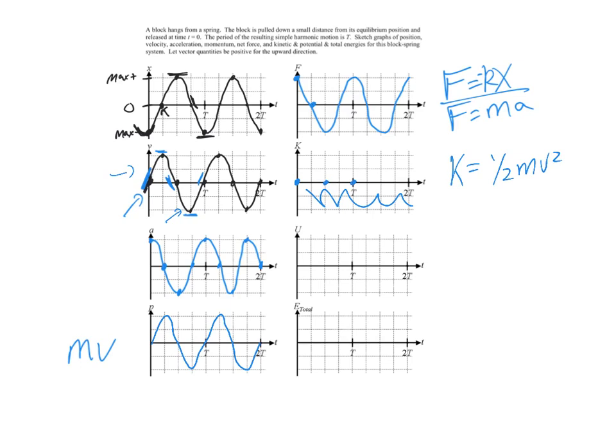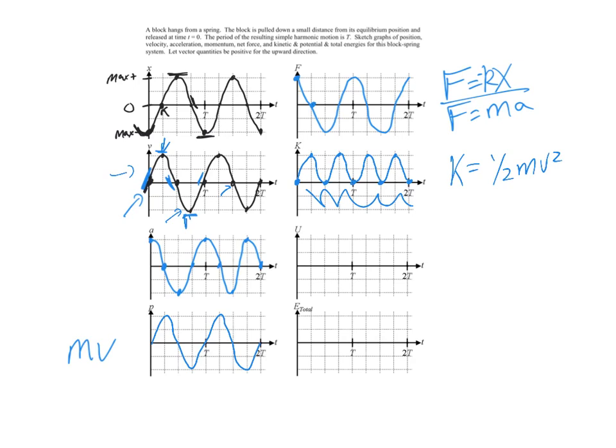Each point where my velocity is at 0, I'm going to have a 0 for kinetic energy. But wherever my velocity is at either the crest or the trough, I'm going to have a max point for kinetic energy, because it can't go below 0 since it is squared. So it's going to look something like this.